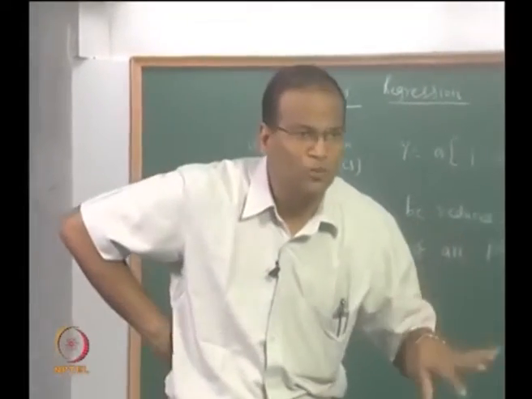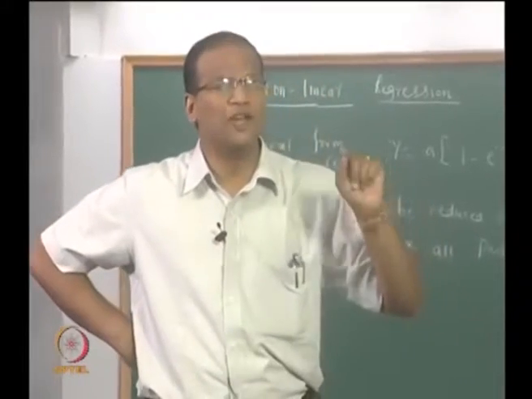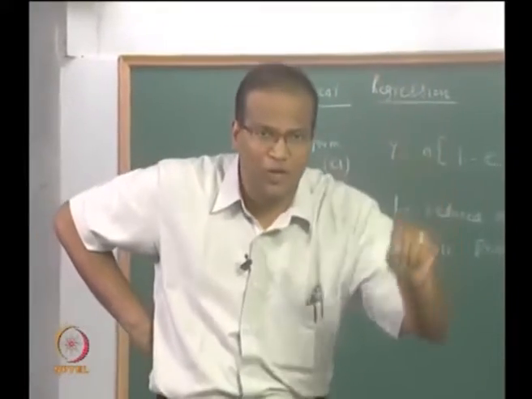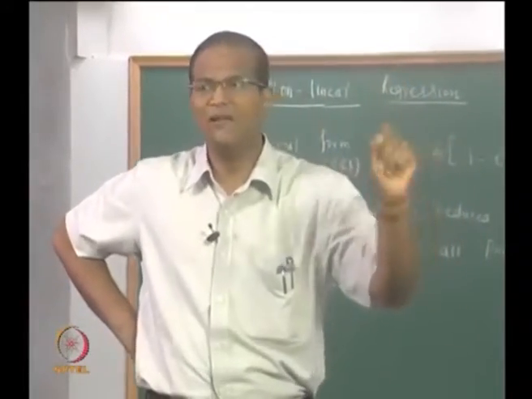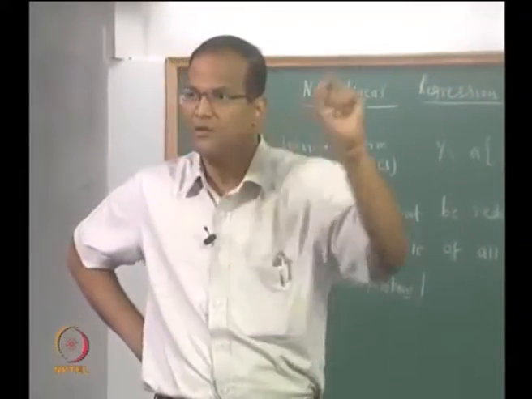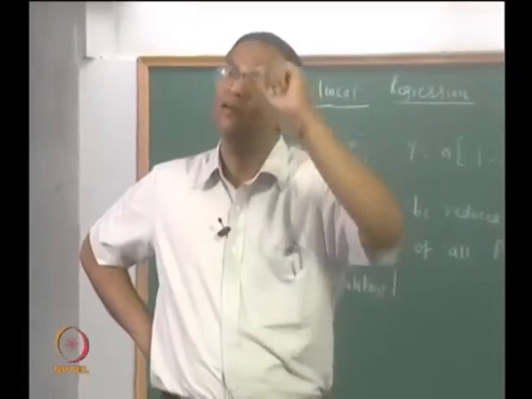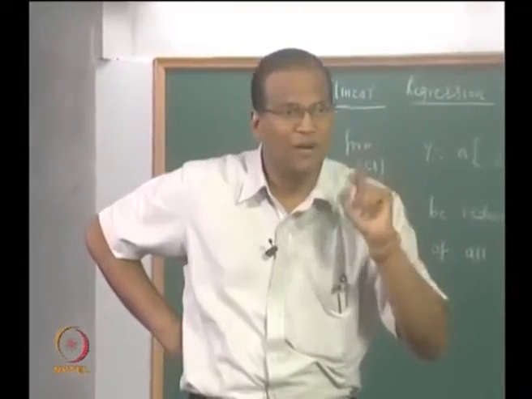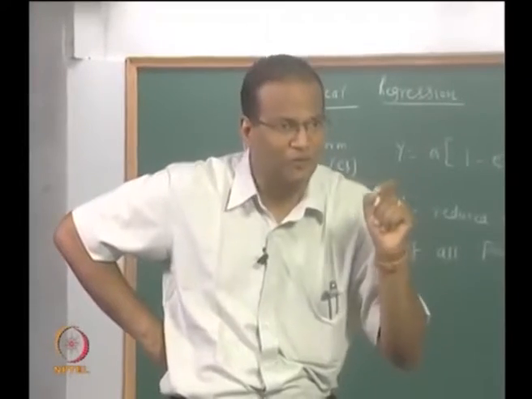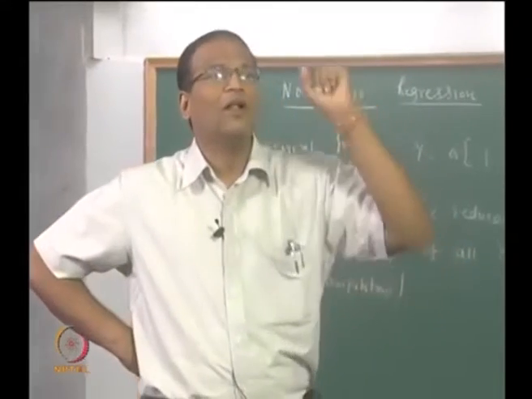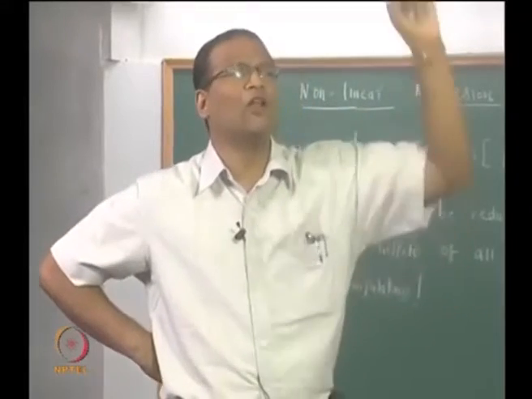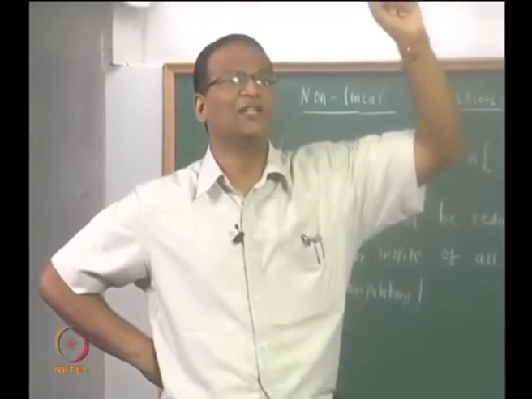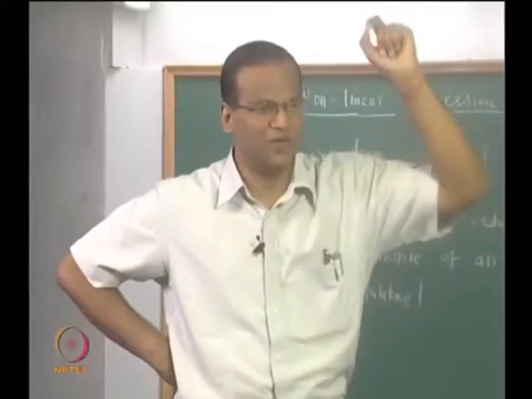That alone will not do. With the old values of a and b, find out what values of y you are getting. Then take y data minus y fit for each of the i values, square each of the values, and sum it up. So you will get S, or the sigma of r squared. At iteration 0, for assumed values of a and b, you have a value of S0, that is sigma r squared, the sum of the residues.